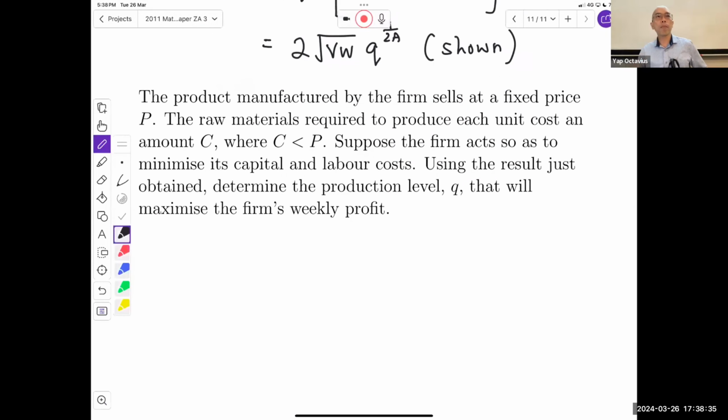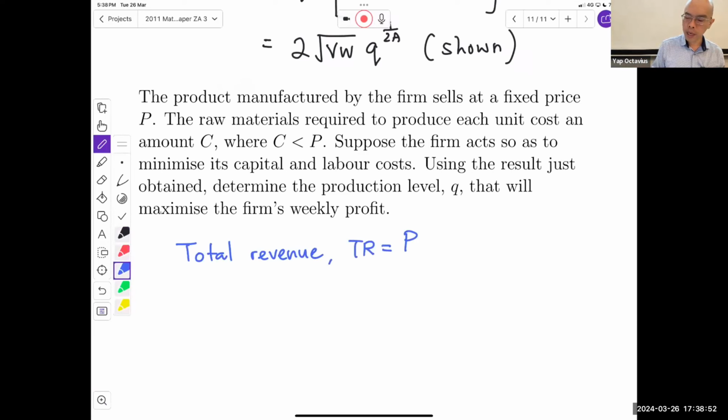So we are doing a profit maximizing question again. So we need to find our total revenue. Total revenue is capital P multiplied by small q.